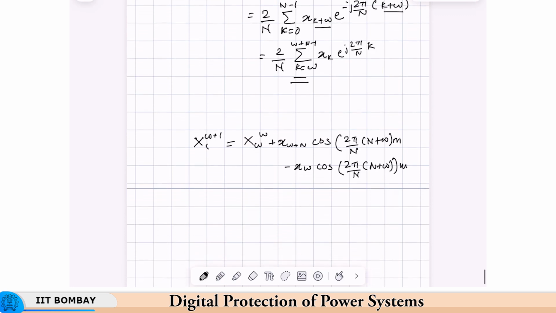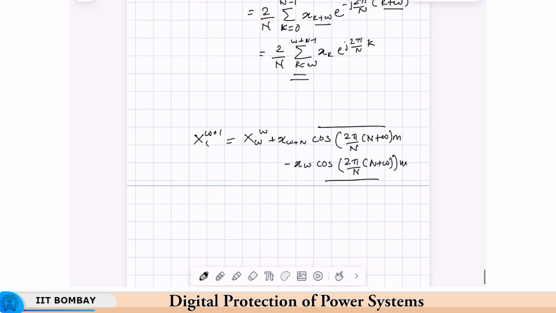So, now what is happening is this term is the same as this, because cos of 2 pi plus theta is cos of theta itself. So, what we get, x c of w, x of w plus n minus x of w cos of.